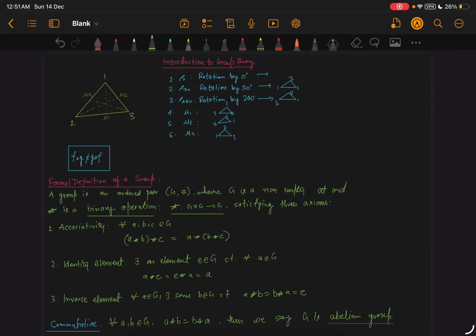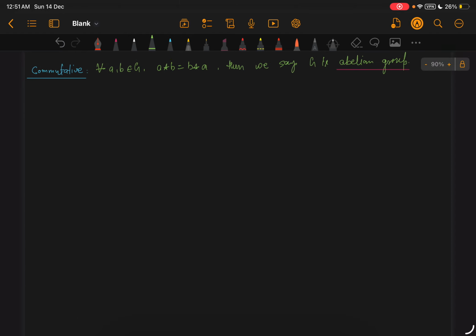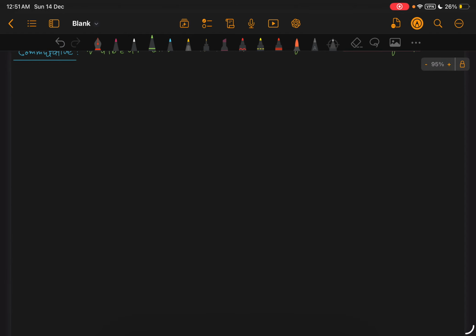We have successfully understood the definition of a group, and we also got an intuition behind the definition from the symmetry of the equilateral triangle, and we have seen how and why we have defined it like this. Now, can we think of some other examples of groups?